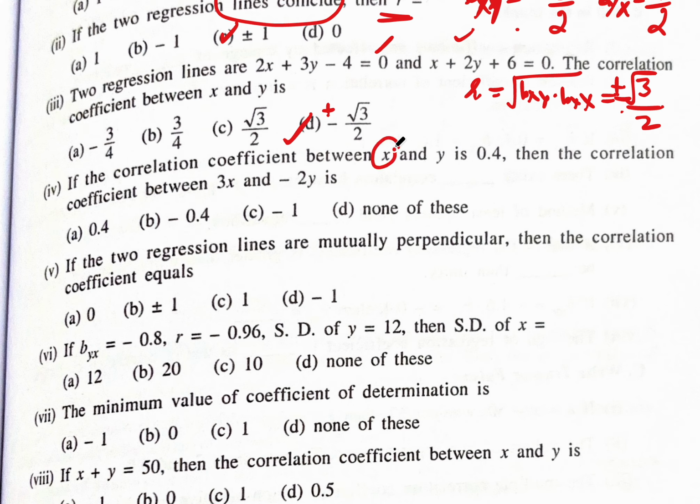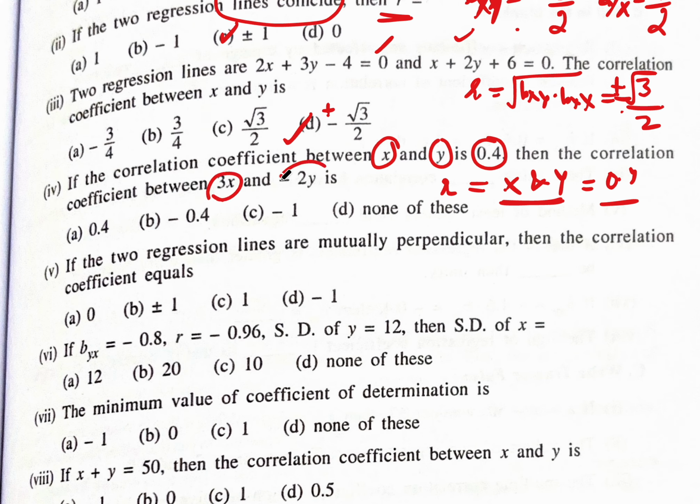If correlation between x and y is 0.4, then what is the correlation between 3x and -2y? Now here the correlation between these two is going to be dependent upon x and y. If there are two variables and they are correlated, the degree of correlation is 0.4.